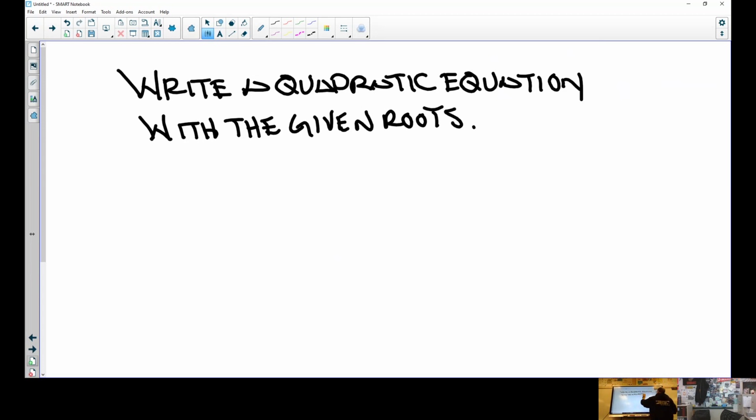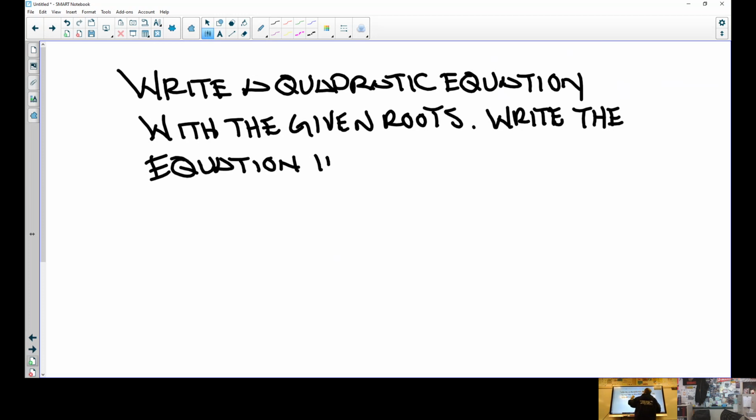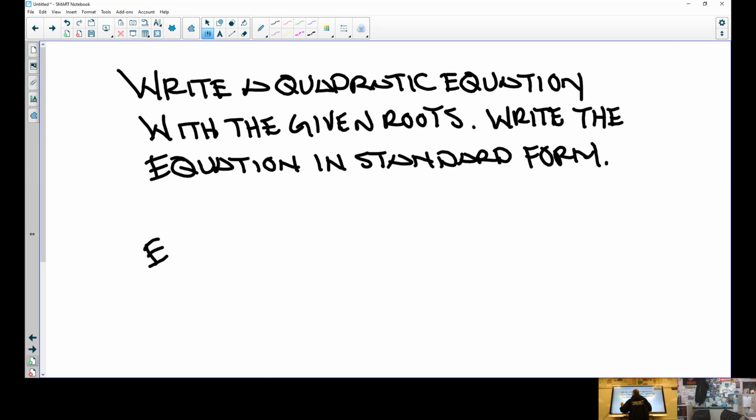And it will tell you that they want the equation in standard form. All right, so what is that going to look like? Well, the first example is just something like this.